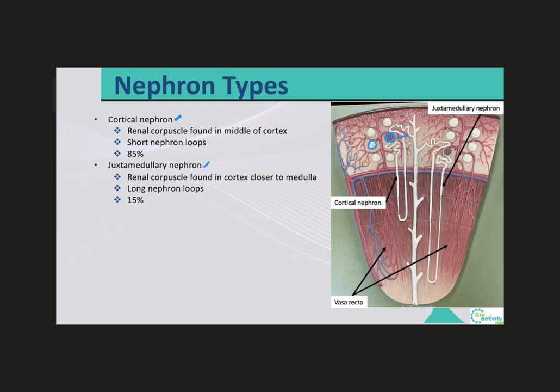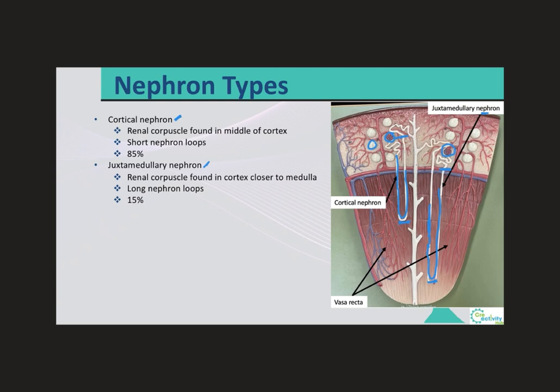In addition, notice how the nephron loop is shorter when compared to the other type, which is called the juxtamedullary nephron. Notice how the juxtamedullary nephron has the renal corpuscle located a little closer to the medulla, and notice also how the nephron loop is way longer than that of the cortical nephron.